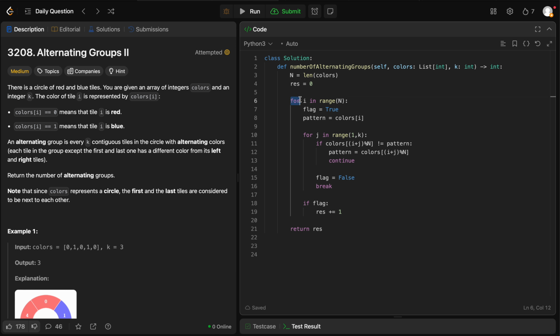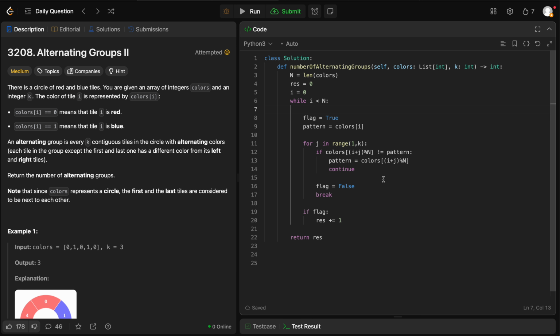I actually need to have a while loop here, while i is less than n. Okay, pattern is colors of i.